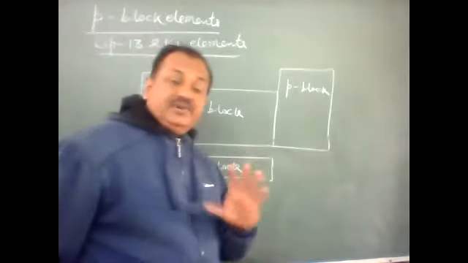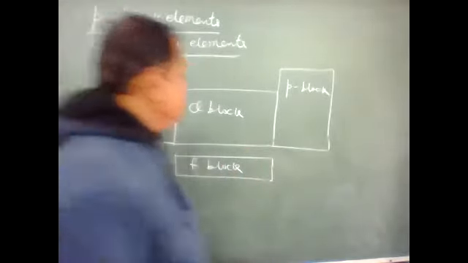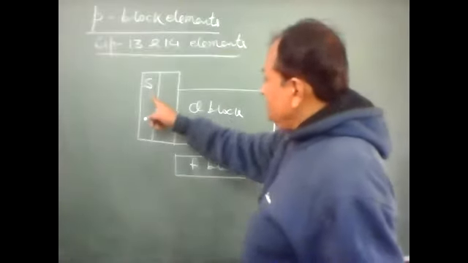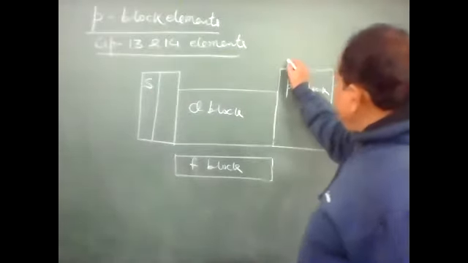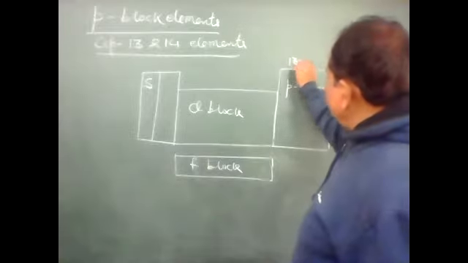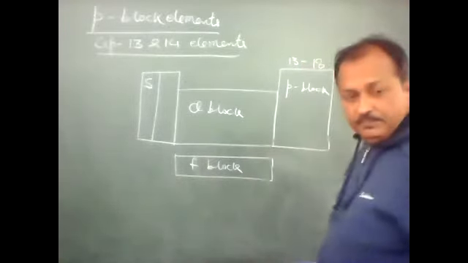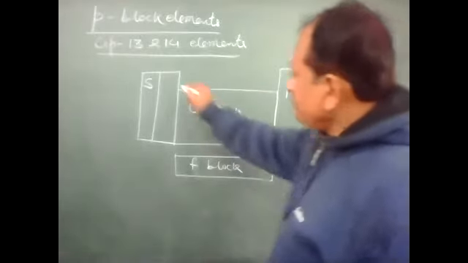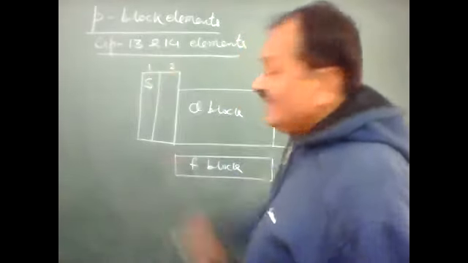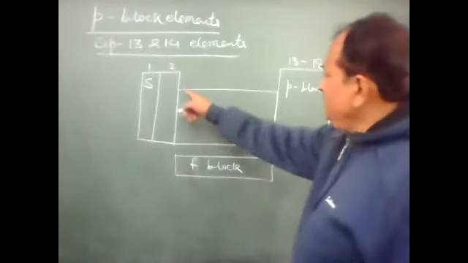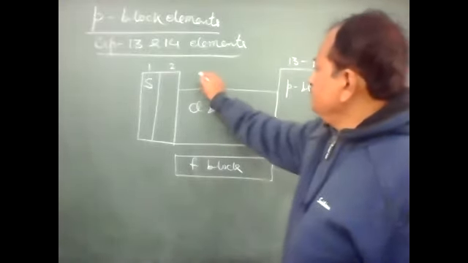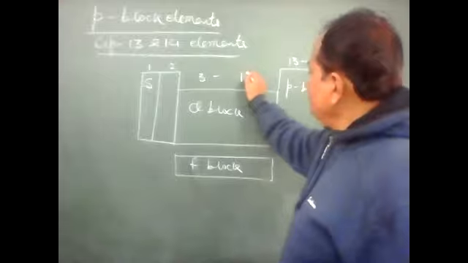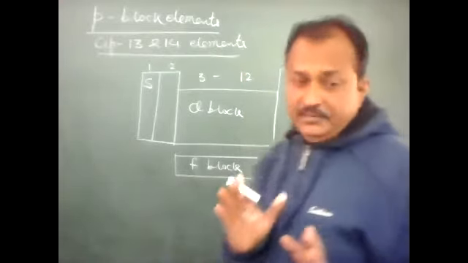This is a very simple concept. Now, this S, this P, it is from group 13 to 18. P is made up of groups 13 to 18. Here, groups 1 and 2, and here, 3 to 12. This is very simple.